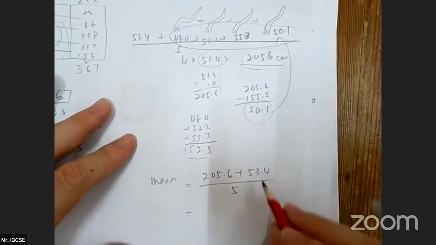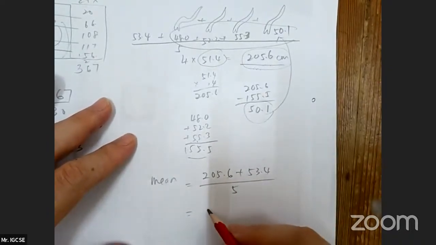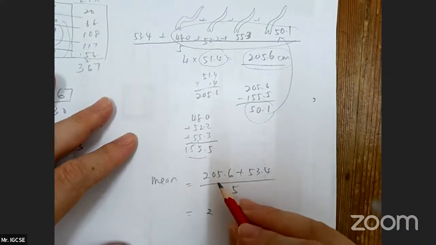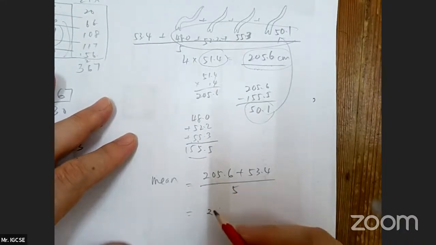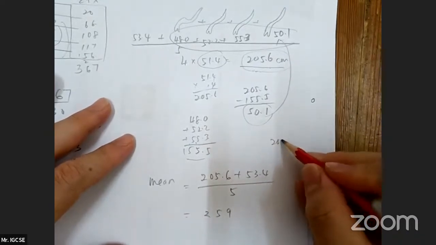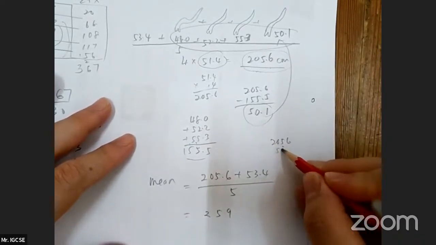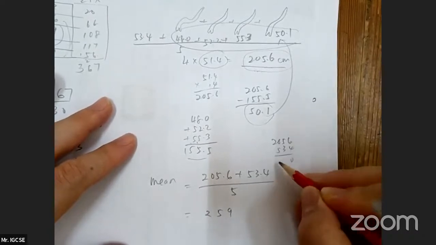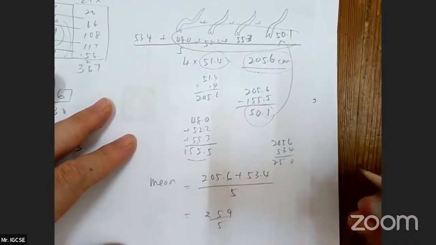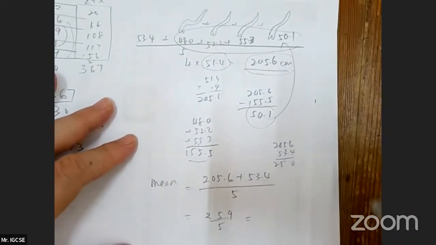Okay. So after you add, 205.6 plus 53.4 is 259. Divide by 5 to get your answer.